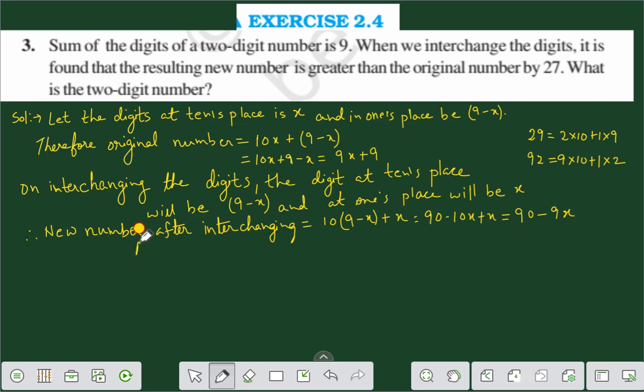Now according to the question, the new number is equal to the original number plus 27.